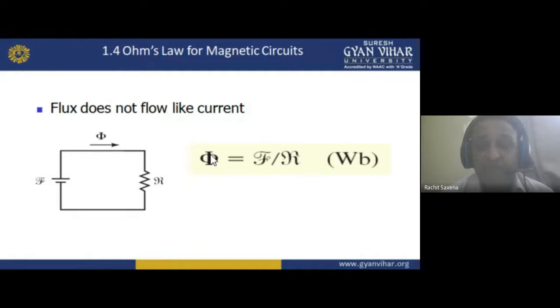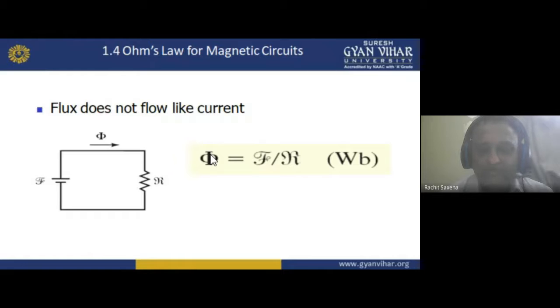But if it is a closed circuit, we call it voltage. If we connect battery terminals, voltage occurs between the two electrodes. If we open it, then EMF is between these two. If I close it, it converts into voltage; if it behaves like an open circuit, then MMF is there.